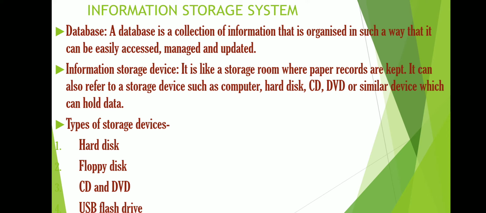Those are different files where you keep different types of information. So that is a file, and a database is the electronic file where you keep electronic, soft copy based information. I hope the database is clear to you all.